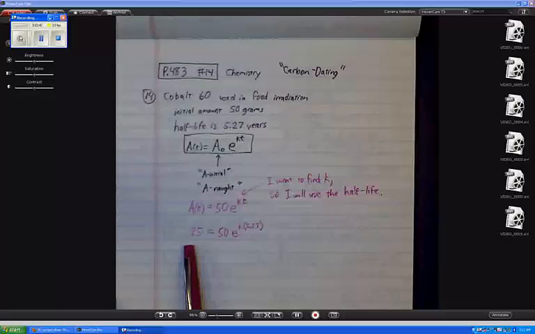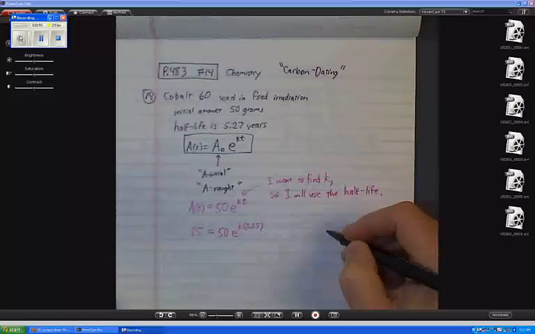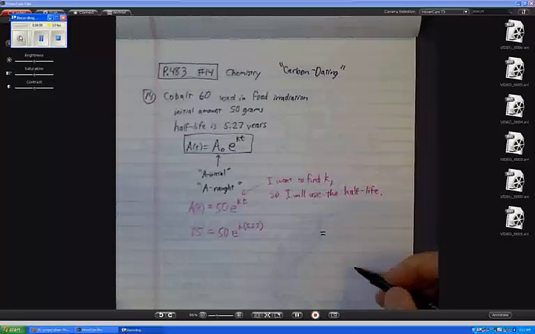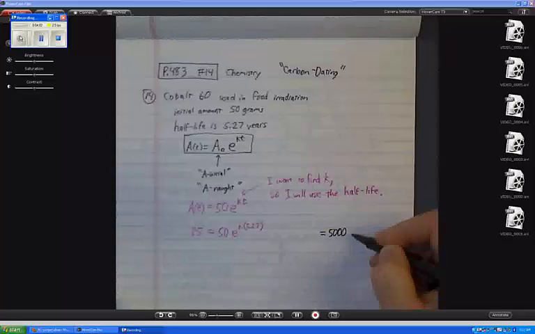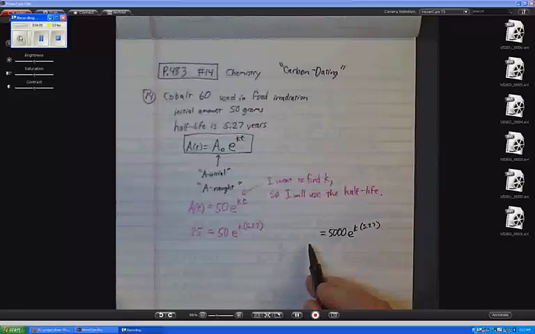By the way, what if the initial amount had been 5,000 grams? Well, you'd have a slightly different equation. What would your equation be? 5,000 e to the k times 5.27. Well, what would you get over here then? 2,500, right?